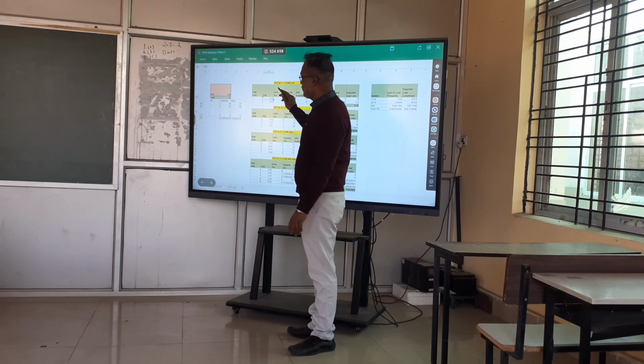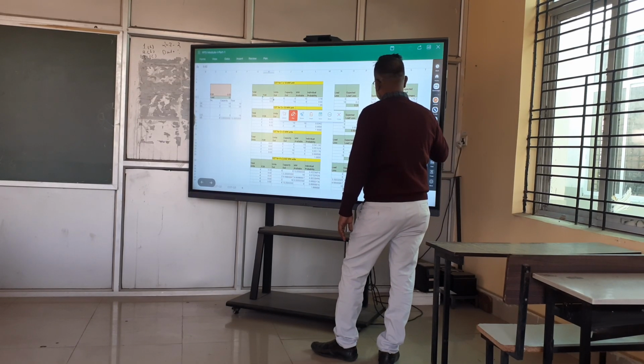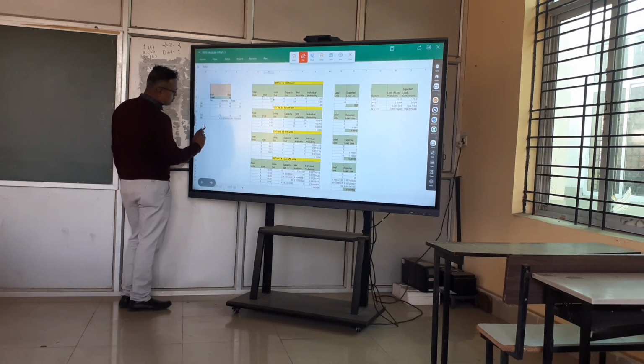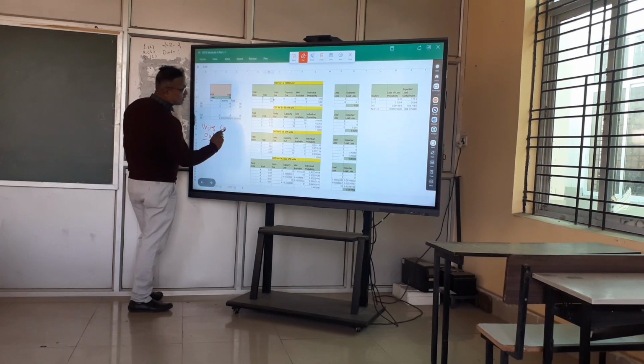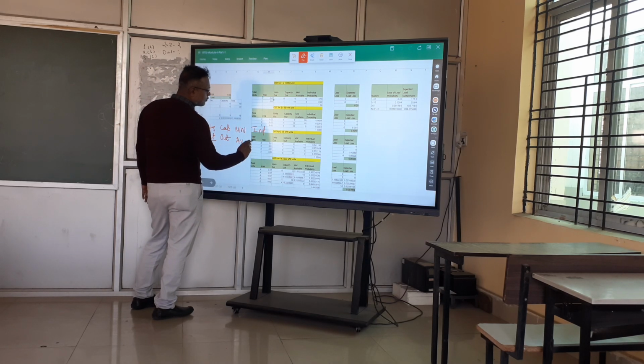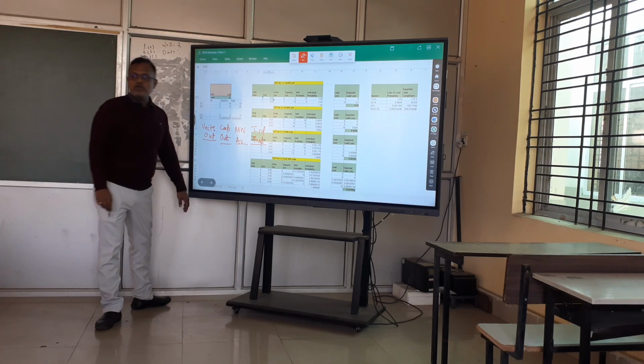So write like this: units out, capacity out, megawatt available, and finally individual probability. So these 4 columns you make.